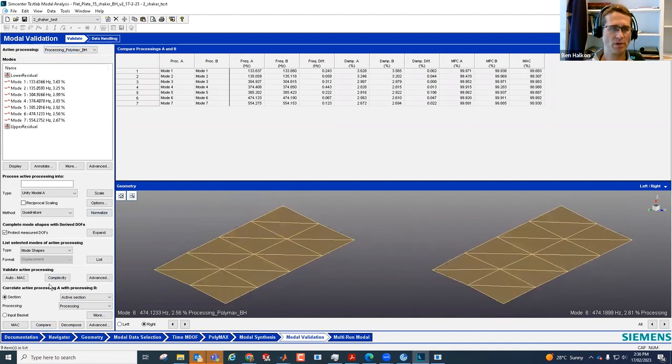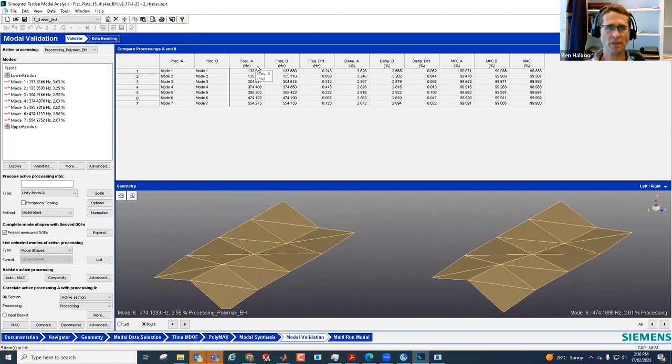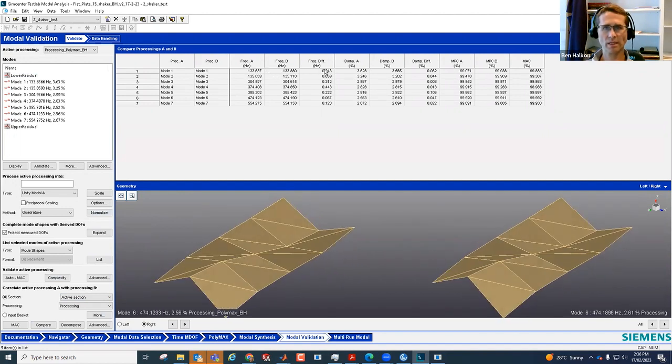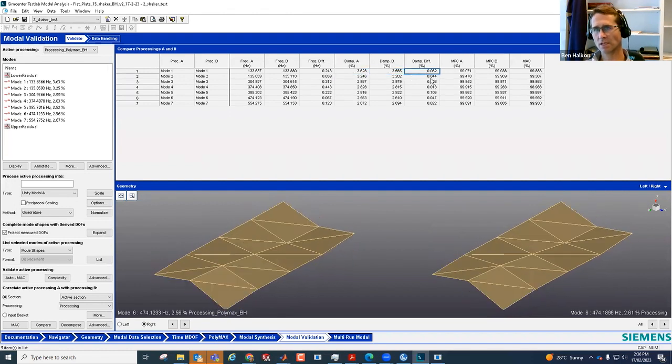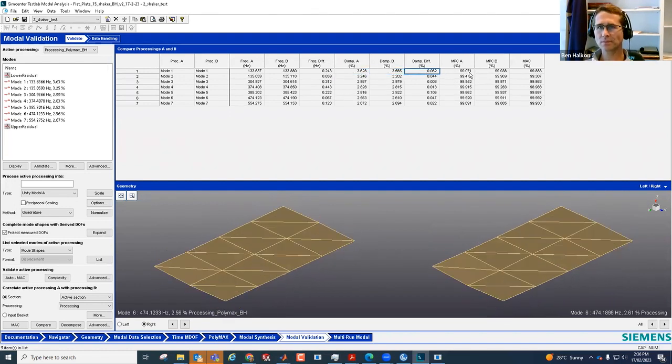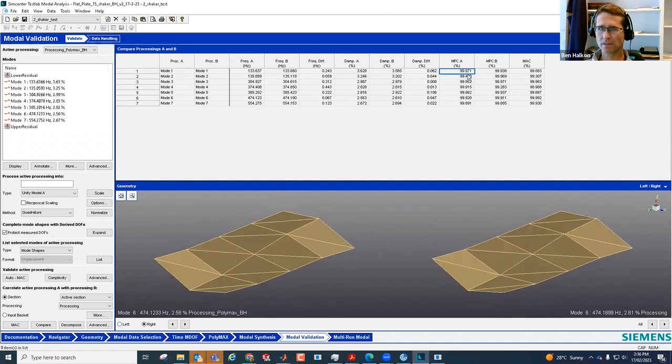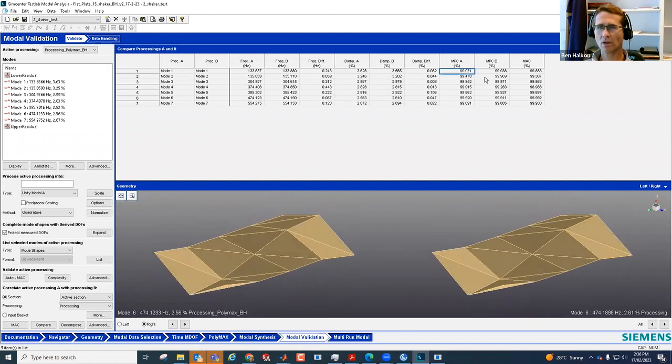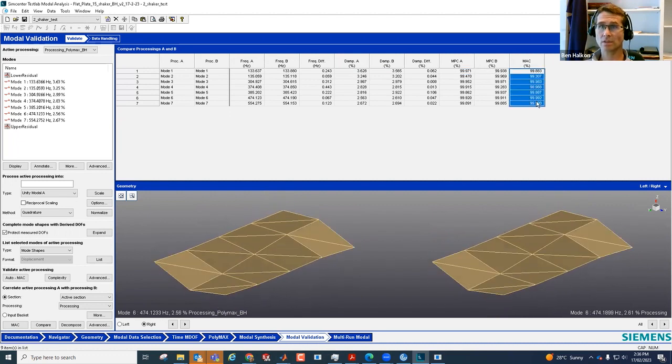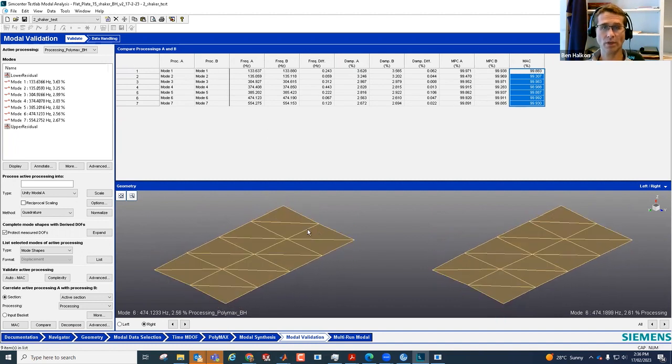But if I compare this processing with the original one, the new Polymax one, then I can produce a very nice table that shows me frequency A versus frequency B and the deviation in hertz, damping A, damping B, deviation as a percentage, the mean phase, the modal phase collinearity value compared against one another, and the MAC values for the comparison between one and the other shape.